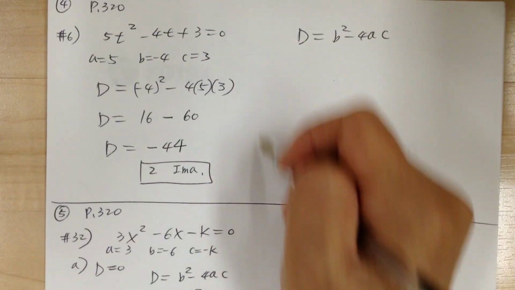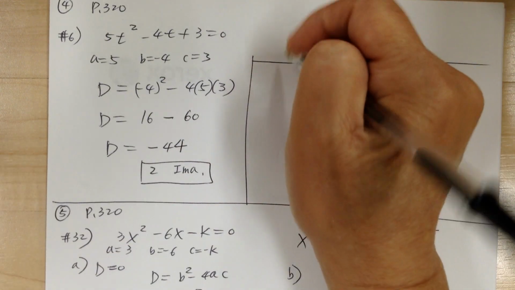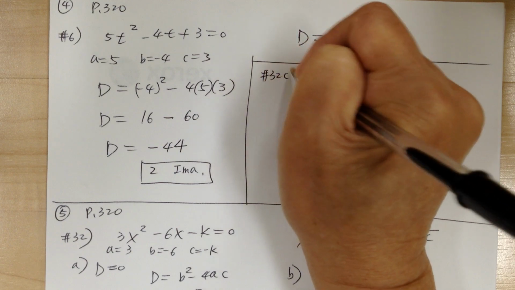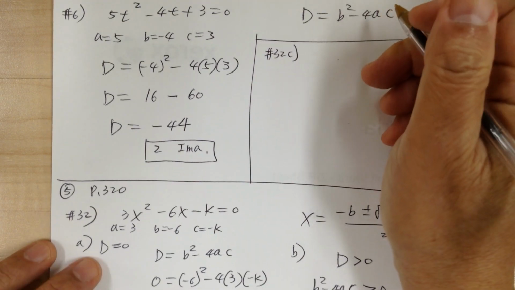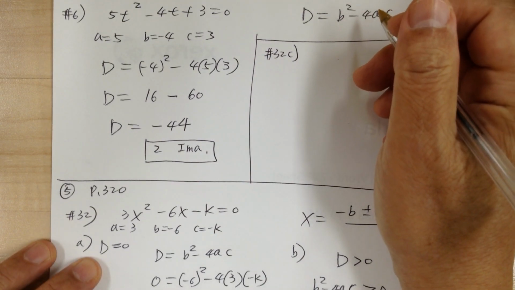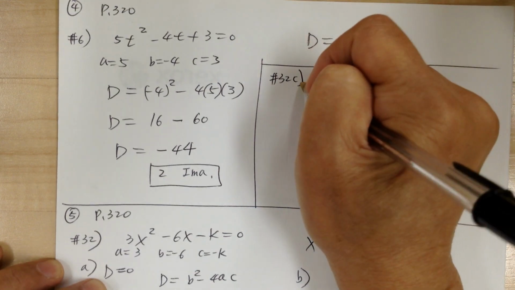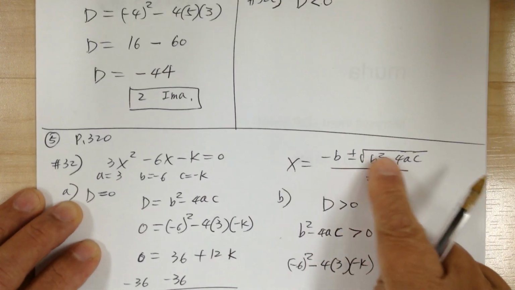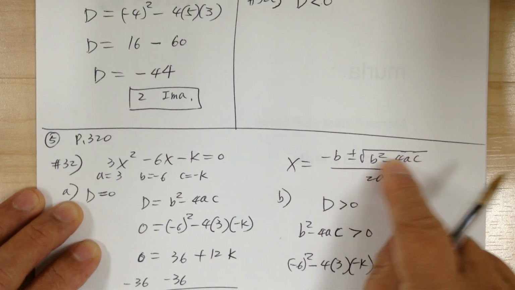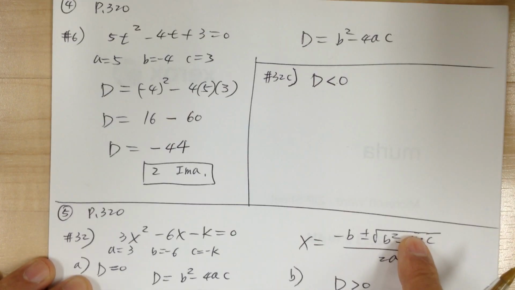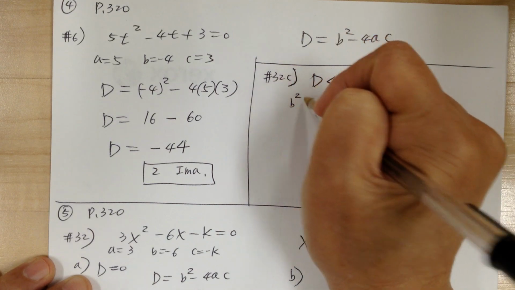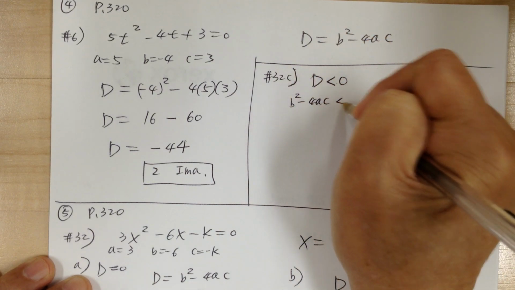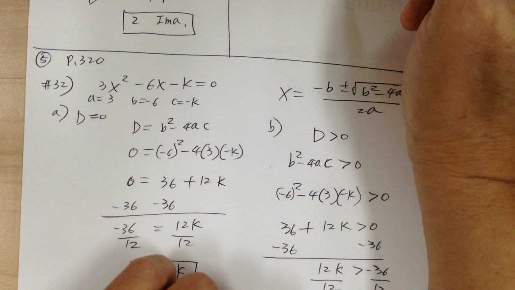Now let's go and do part C. You want to get two imaginary roots. That means D has to be less than 0. When D is less than 0, you get a negative inside the square root. That's how you get imaginary answers. So you substitute b squared minus 4ac is less than 0, and just do the same thing over here.